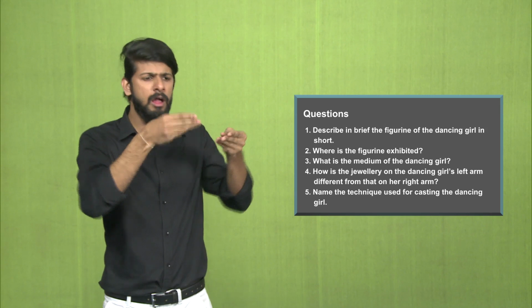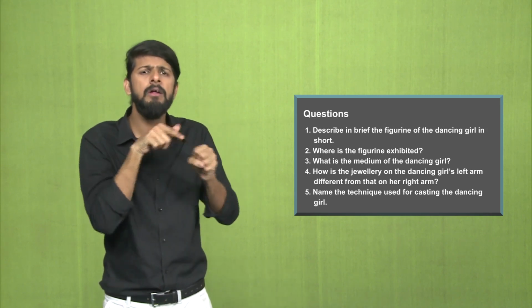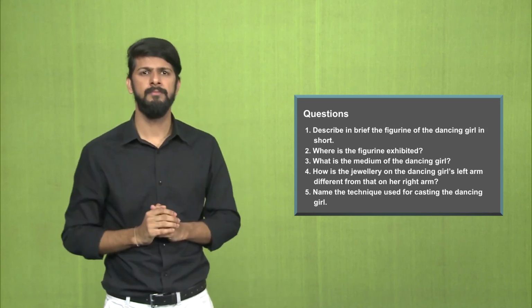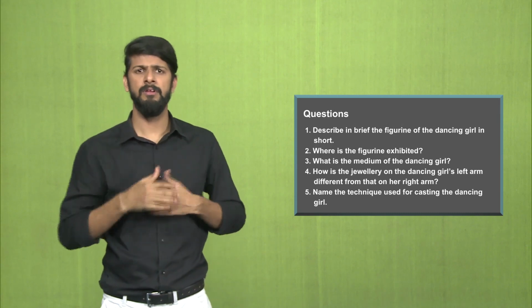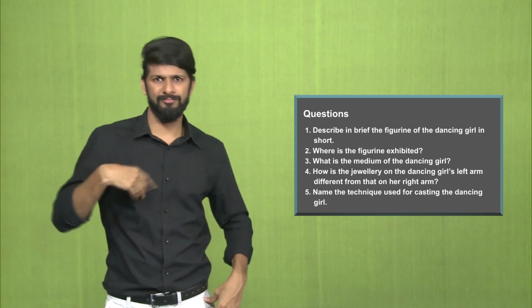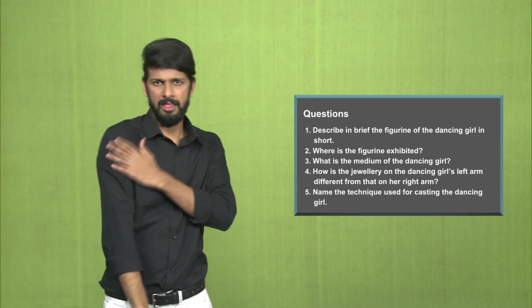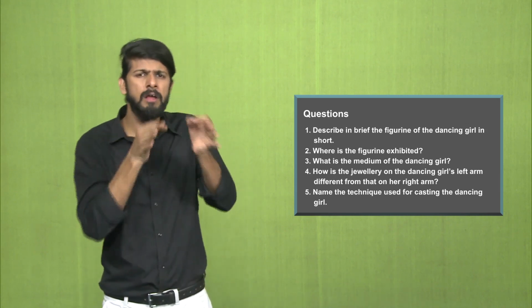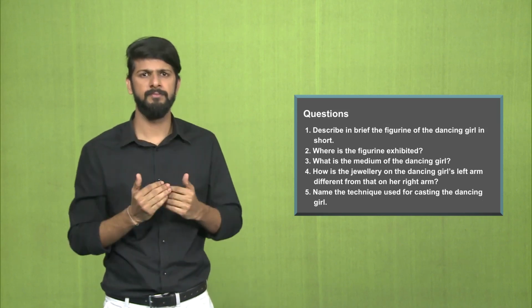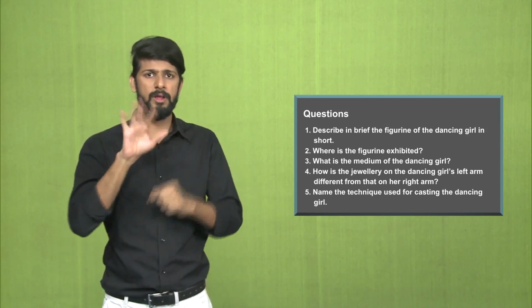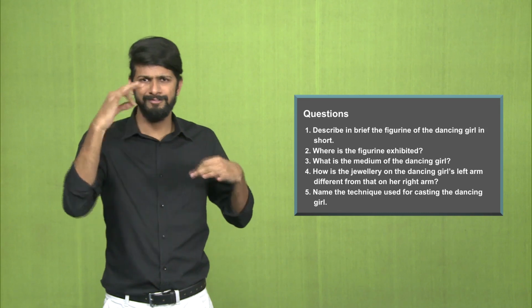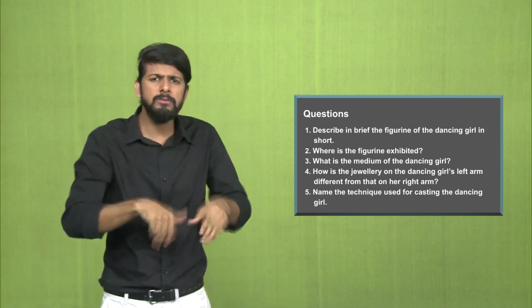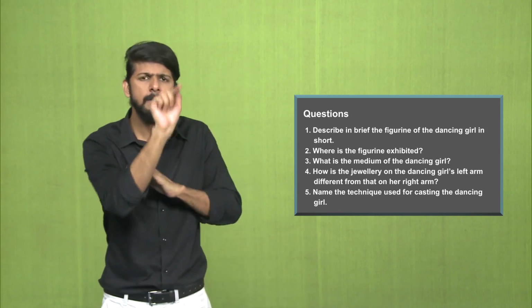What is the medium of the dancing girl? Question number 4. How is the jewelry on the dancing girl's left arm different from that on her right arm? Question number 5. Name the technique used for casting the dancing girl.